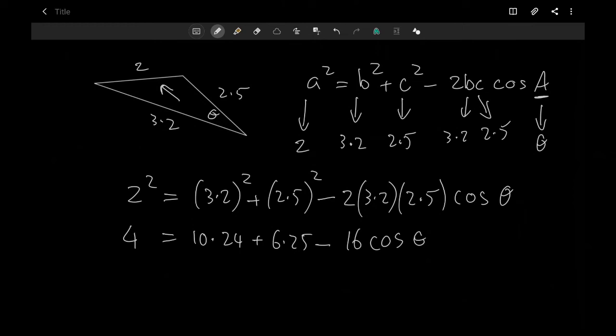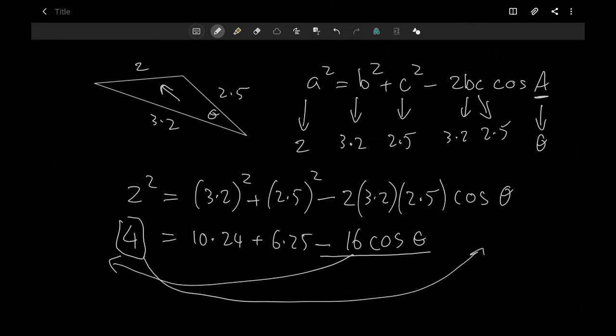Once again, we try to solve for cos theta. And because this is a negative, we want to bring this over to the left-hand side to make it a positive. And we want to separate this 4, so we want to bring this 4 over to the right-hand side, making it a negative 4. So let's see what that looks like.